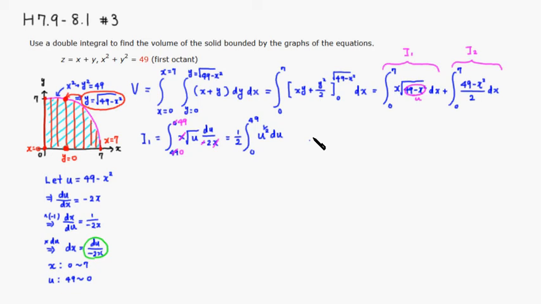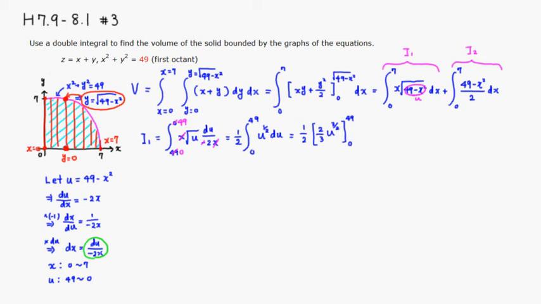Then we can just use the power rule. So 1/2 is still there. The antiderivative of u to the 1/2 power is u to the, add 1 to the power, 3/2. Divide by 3/2 is multiplied by 2/3. And then you're going from 0 to 49.